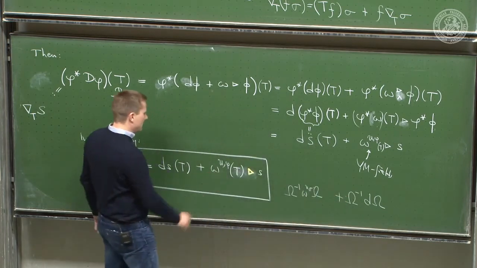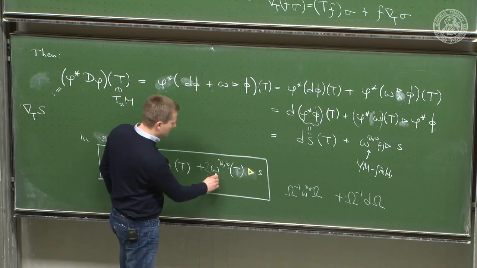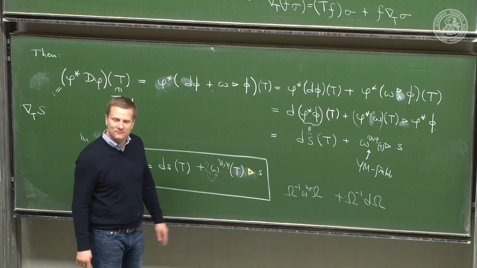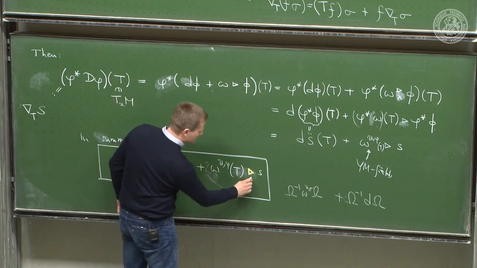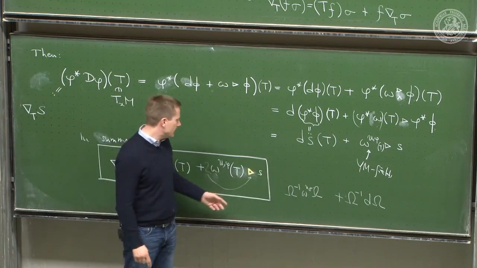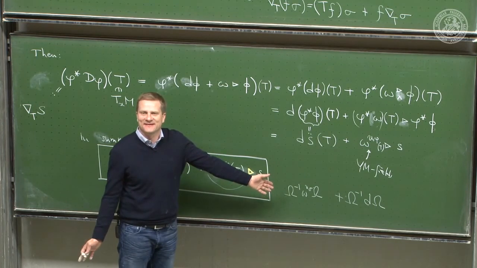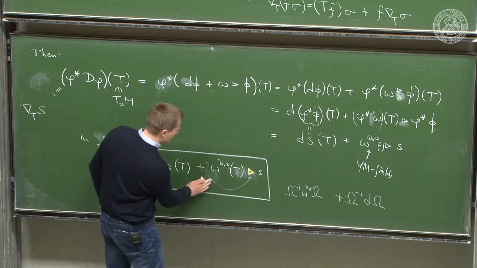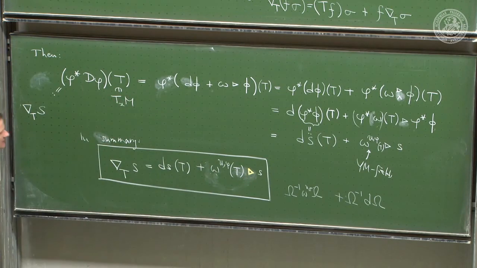But if from some application you come up and you have a 2 here, you cannot absorb it into here for this reason, but you can absorb it into here. Because if something acts somehow linearly, then acting twice is still the same thing. Well, not the same thing, but it's another linear action. Okay, so we'll see an application of this next time when we discuss quantum mechanics on curved spaces.